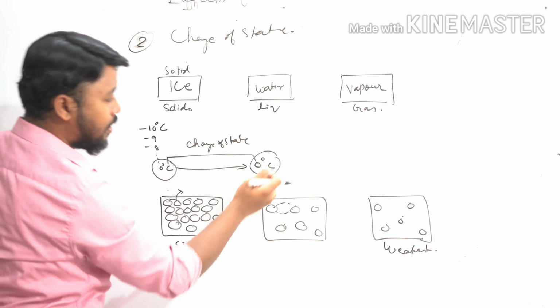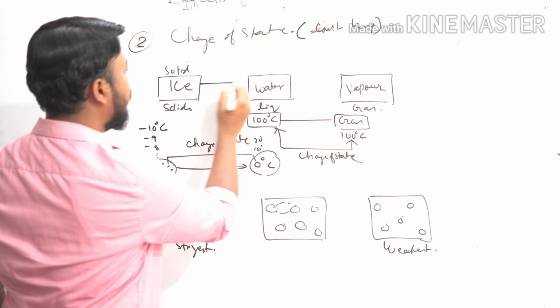So here also, this process till here is again your change of state, and as you can see, it is happening at a constant temperature, 100 degrees Celsius. So point to be noted here, it happens at a constant temperature. Understood?